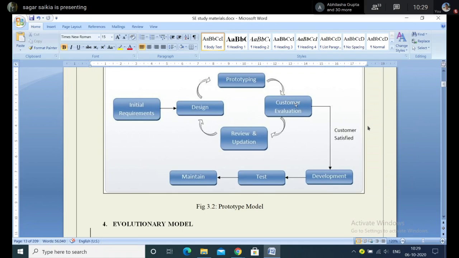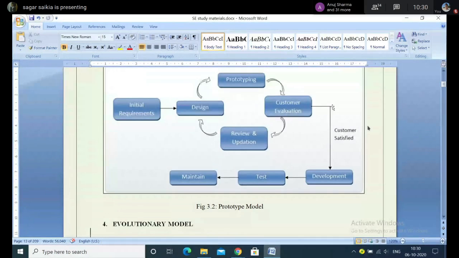But if the client is not happy, we need to redecide on the gap areas of the prototype, review and update it, and add the missing features. We develop a comprehensive prototype and review it with the customer again. That process goes on cyclically until the customer is satisfied.